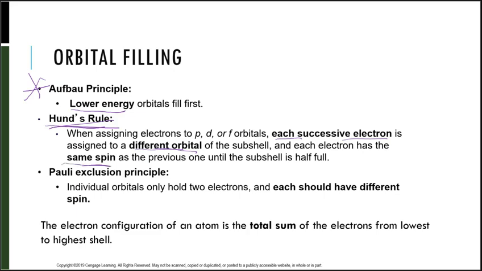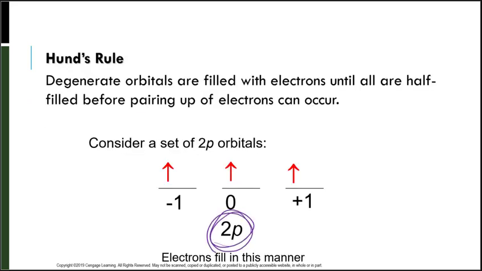I'm going to skip forward to the next slide to bring that home. Let's say I'm filling up my 2p orbital and I have 3 electrons. We know that p has 3 orbitals because they can fit 6 electrons. But if I have 3 electrons, I'm going to go 1, 2, 3. Essentially, think about if you're getting on a school bus and there are some people sitting in seats, but there's some empty seats.